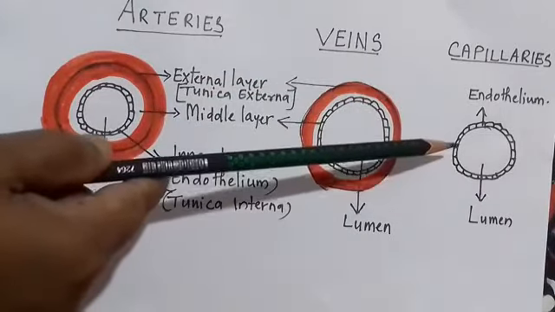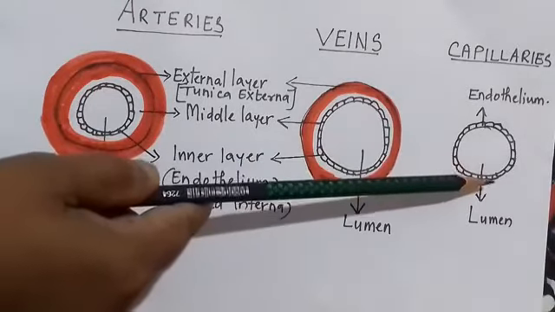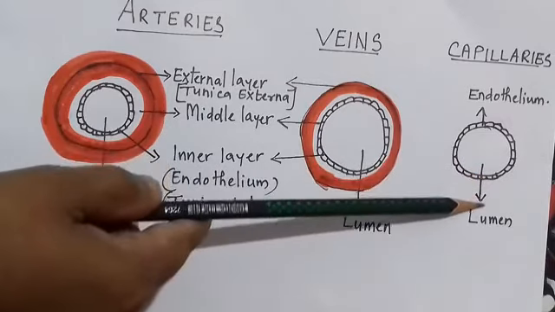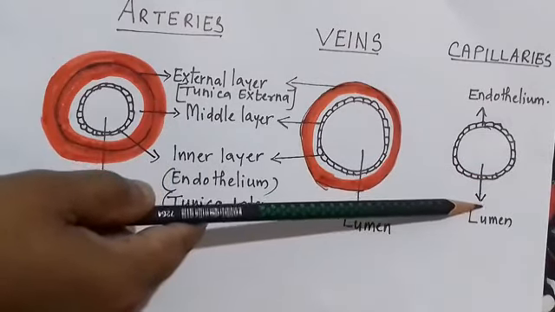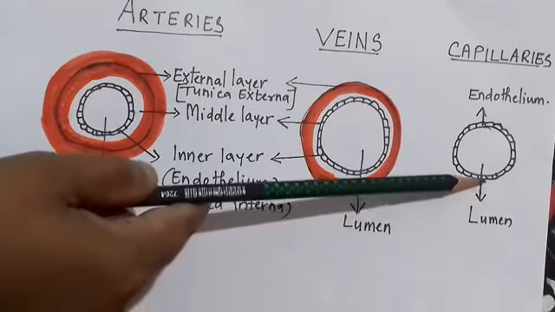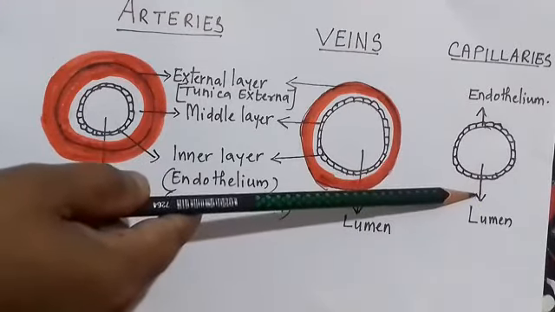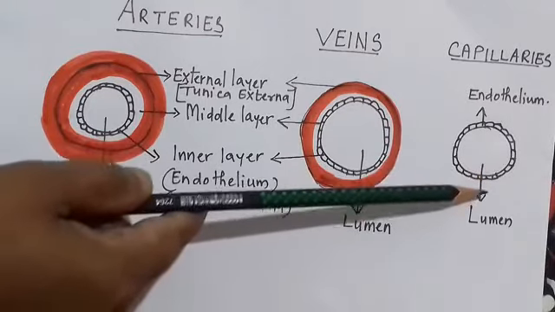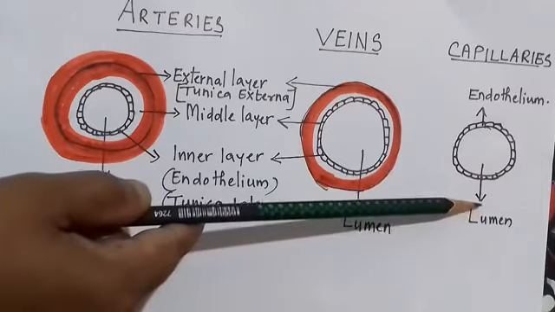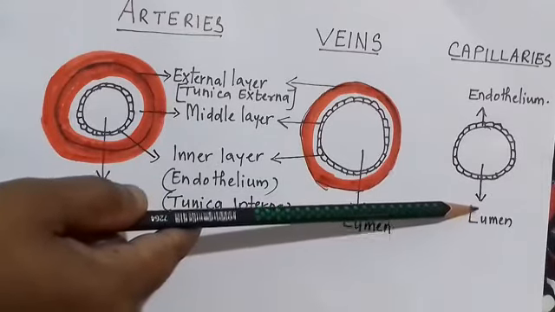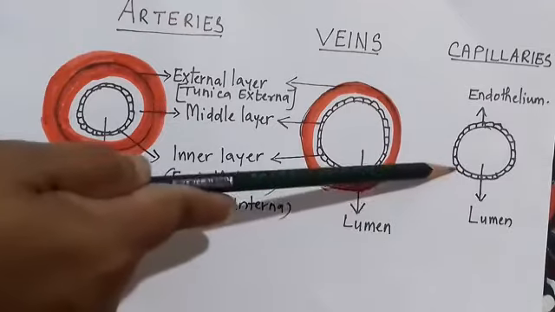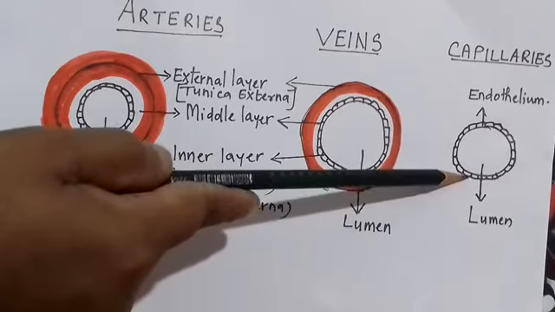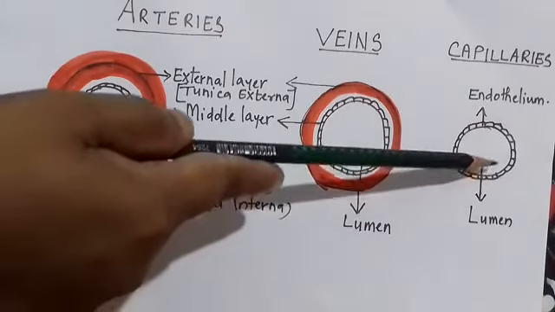Then the capillaries' main function is diffusion of substances: outward diffusion of oxygen from the capillaries to the intercellular fluid and from there to the tissue cells, then inward diffusion of carbon dioxide from the intercellular fluid to the capillary, and also inward and outward diffusion of different substances like glucose, amino acid, urea, hormones, etc. And we have also learned that capillaries enable leukocytes or WBCs to squeeze out from there. So that is the function of capillaries.